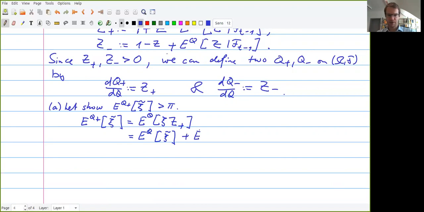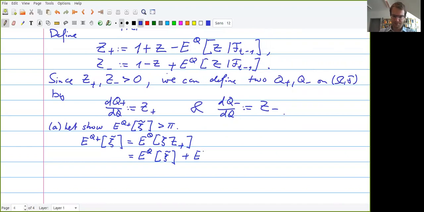Let me scroll up so that you can see the definition. This is the tilde Z minus, and this is the last term here.